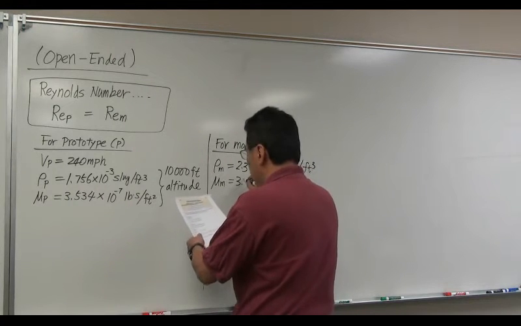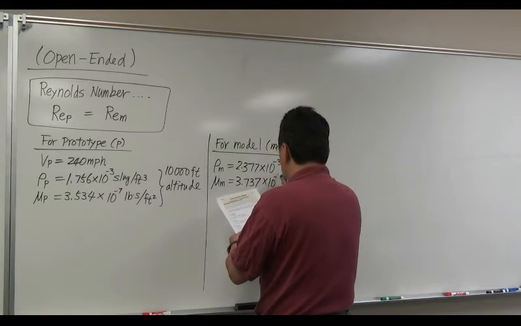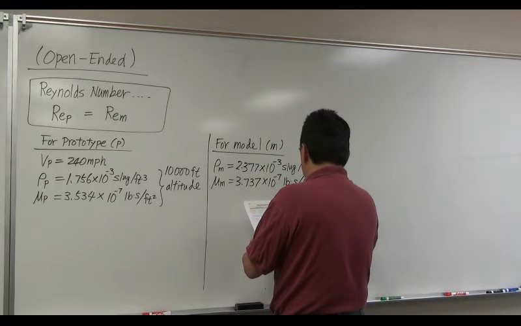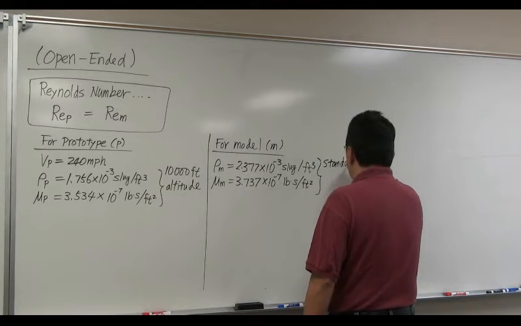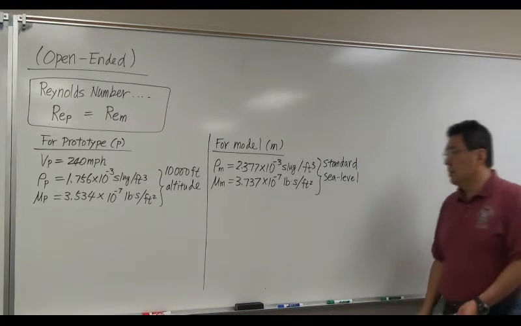Viscosity is 3.737 times 10 to the minus 7 pounds second per square foot. Those are the standard sea level. This is a test condition of your wind tunnel, usually standard sea level.